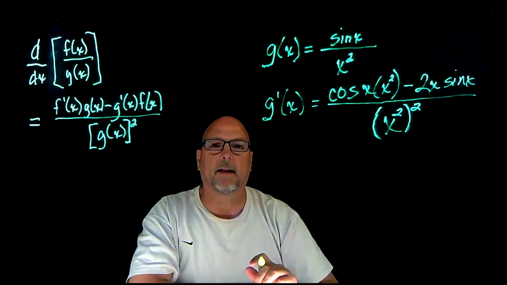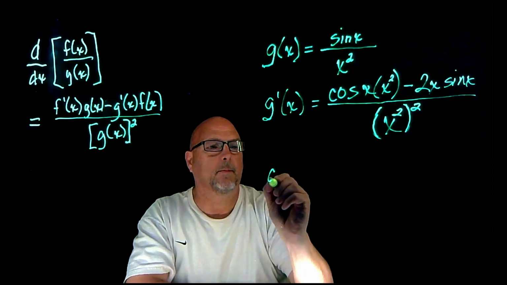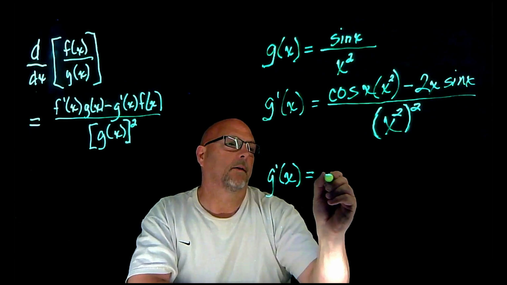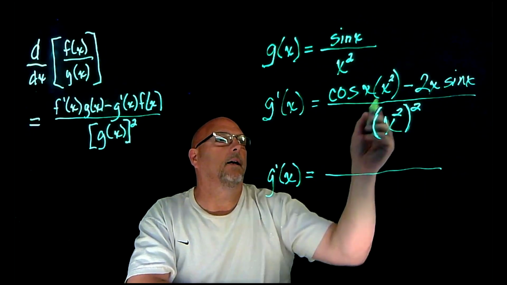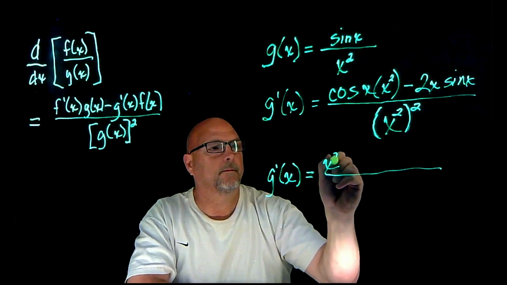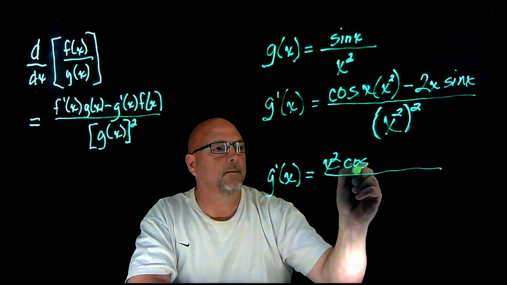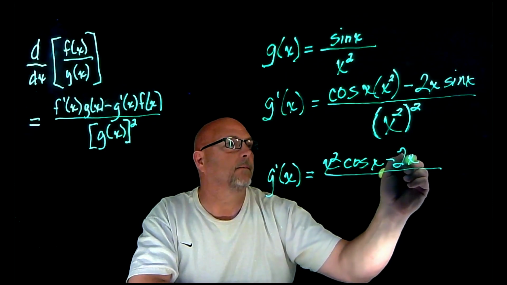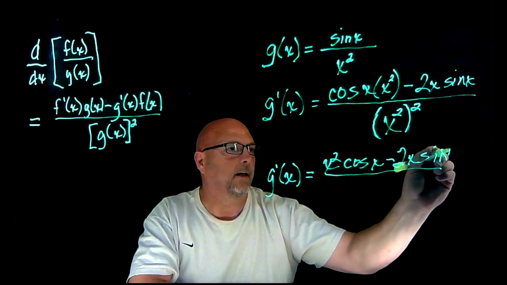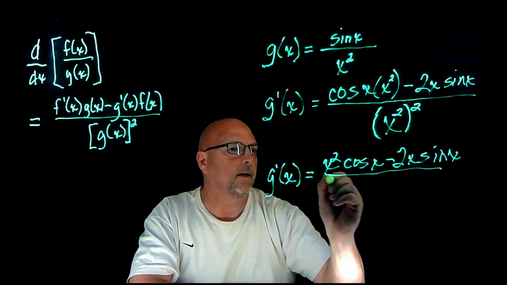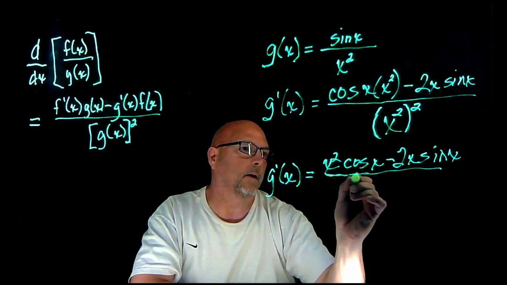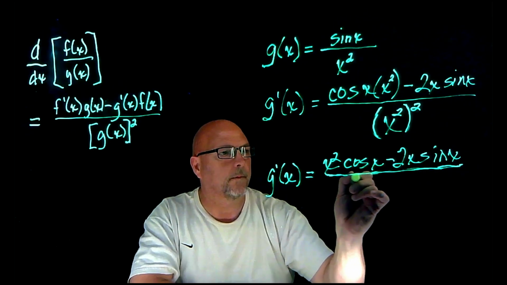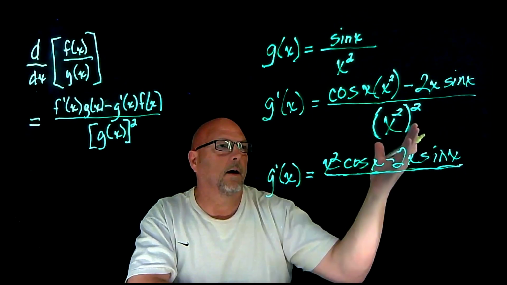Simplify a little bit on top. You end up with x squared cosine x minus 2x times the sine of x, and that is all over the bottom squared.